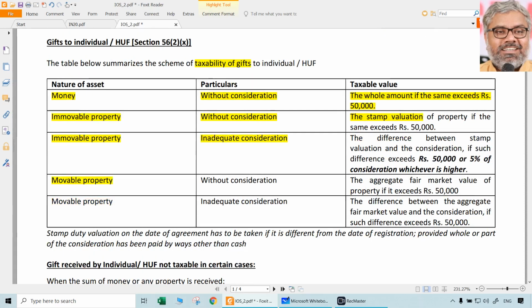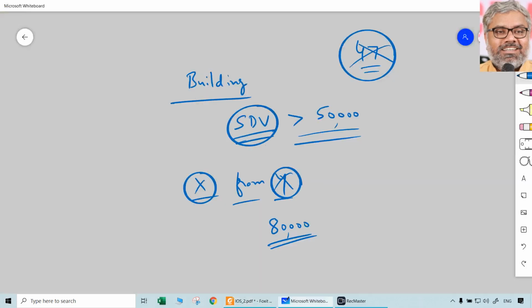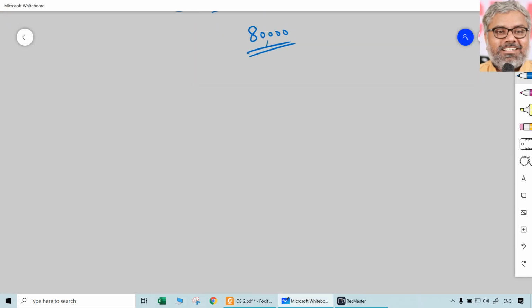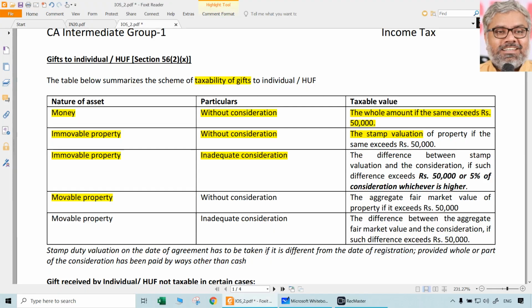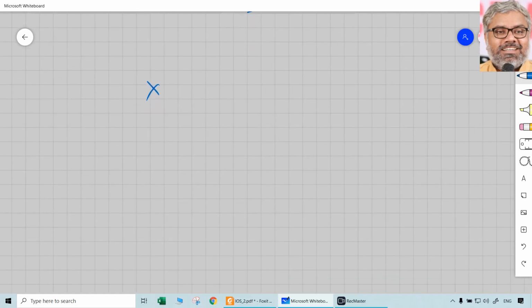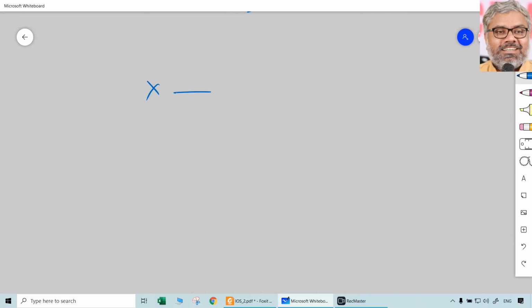That's all. Now another important aspect comes, that is a gift in the form of immovable property, but for inadequate consideration. Inadequate consideration means some consideration is received by the transferor, but that is not matching with the stamp duty value. So imagine, let us say X transferred a property to Y. This is a different example.